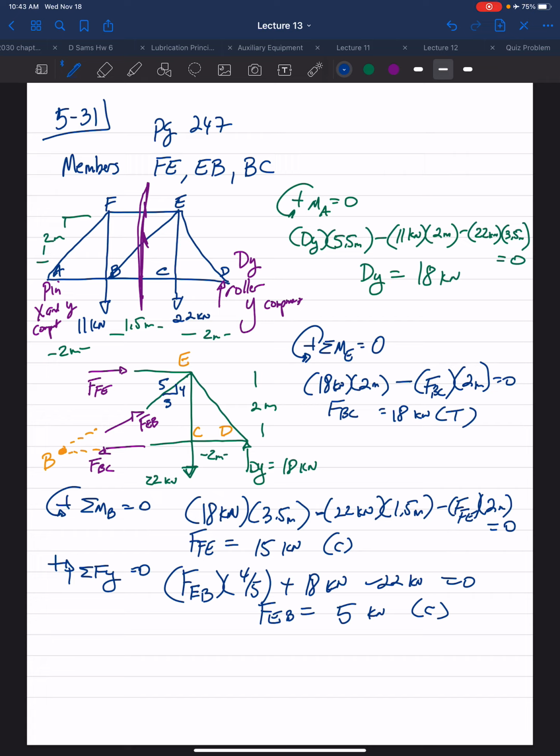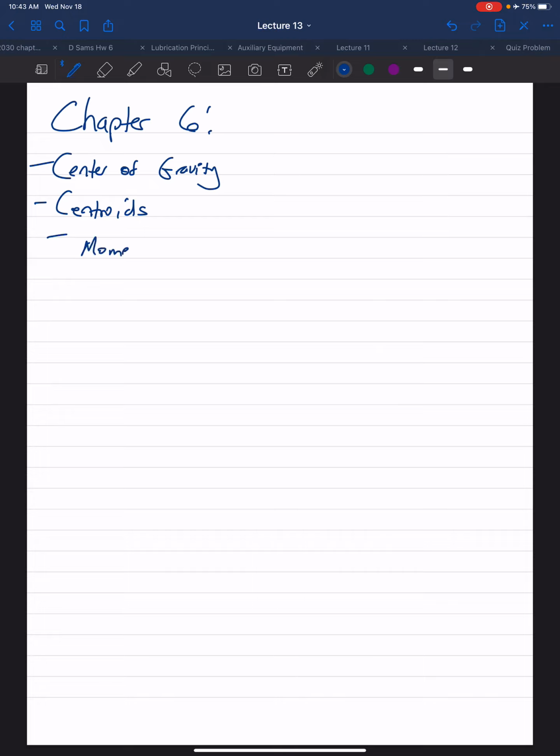Okay, so let's move along to chapter 6. Here we'll be talking about center of gravity, centroids, and moment of inertia.